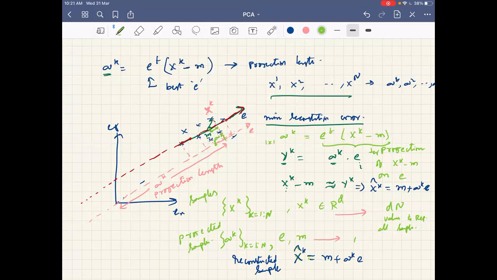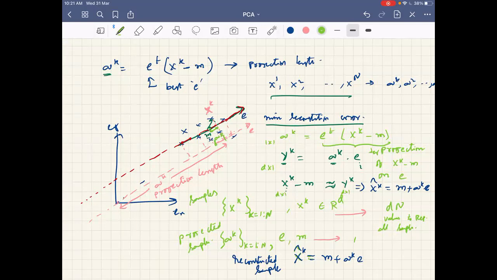Y is d cross 1, because with the help of projection length I am imitating the sample xk in the direction e in which I have projected. This is also d cross 1, and this is also d cross 1.